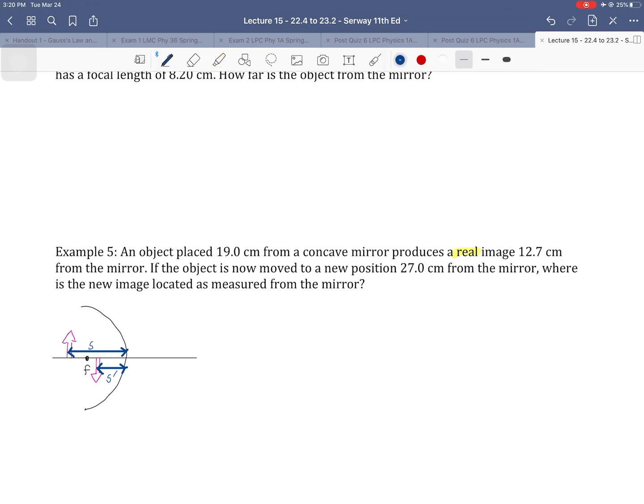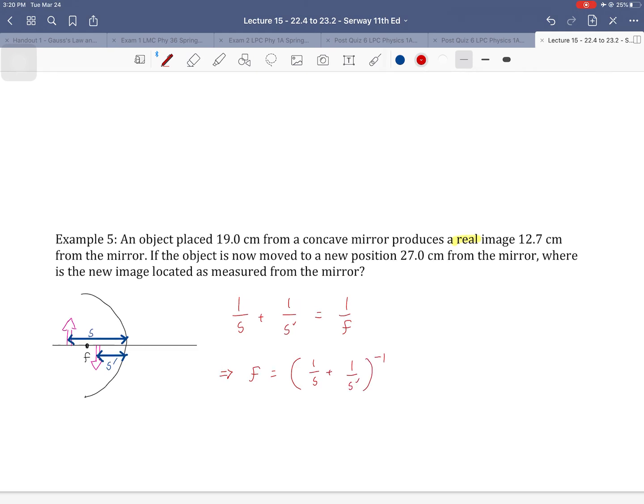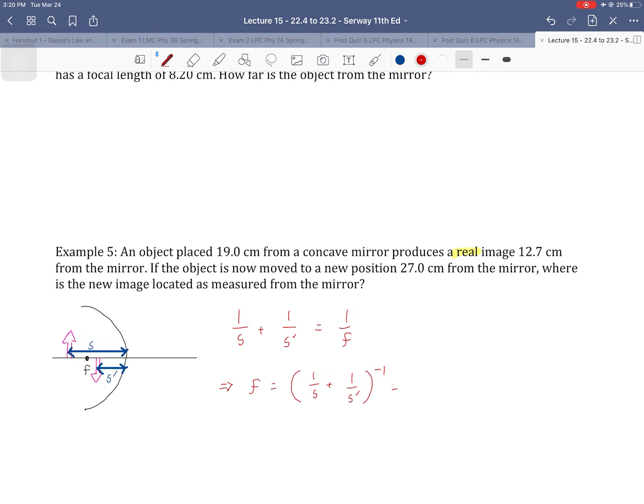That's why I knew to draw it upside down like that. Okay. And so actually starting with the problem, we're going to use the same equation: 1 over s plus 1 over s prime equals 1 over f. In this case, we want to solve for f, our focal length. So that's going to be 1 over s plus 1 over s prime, to the -1 power.